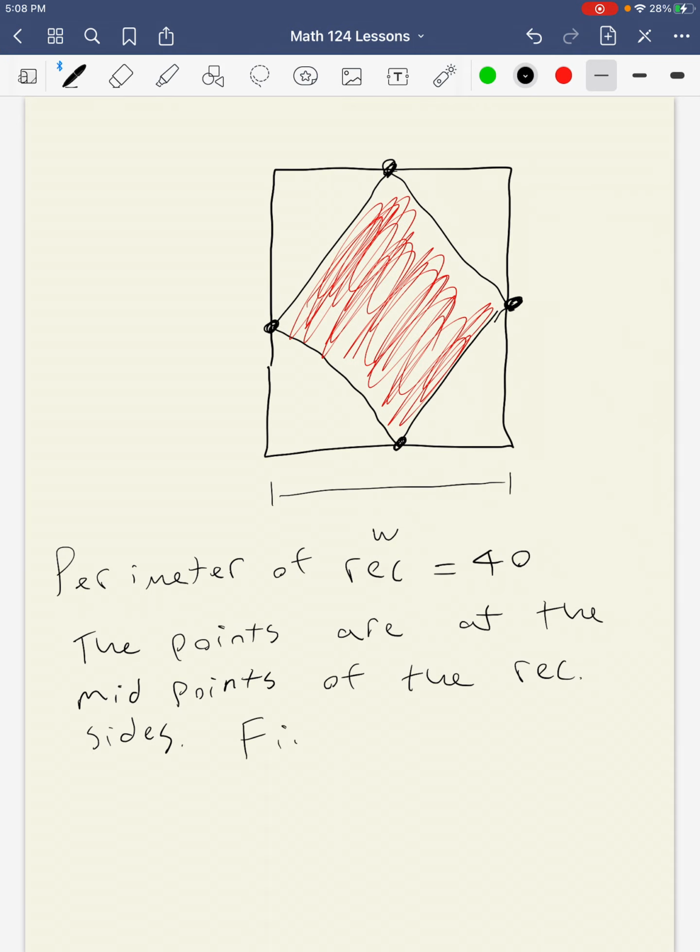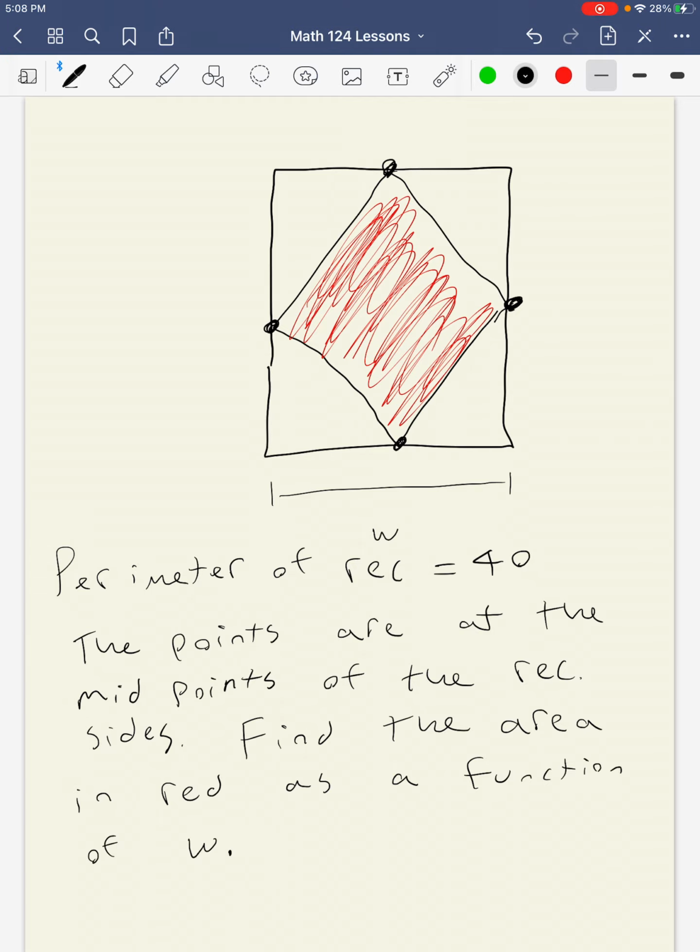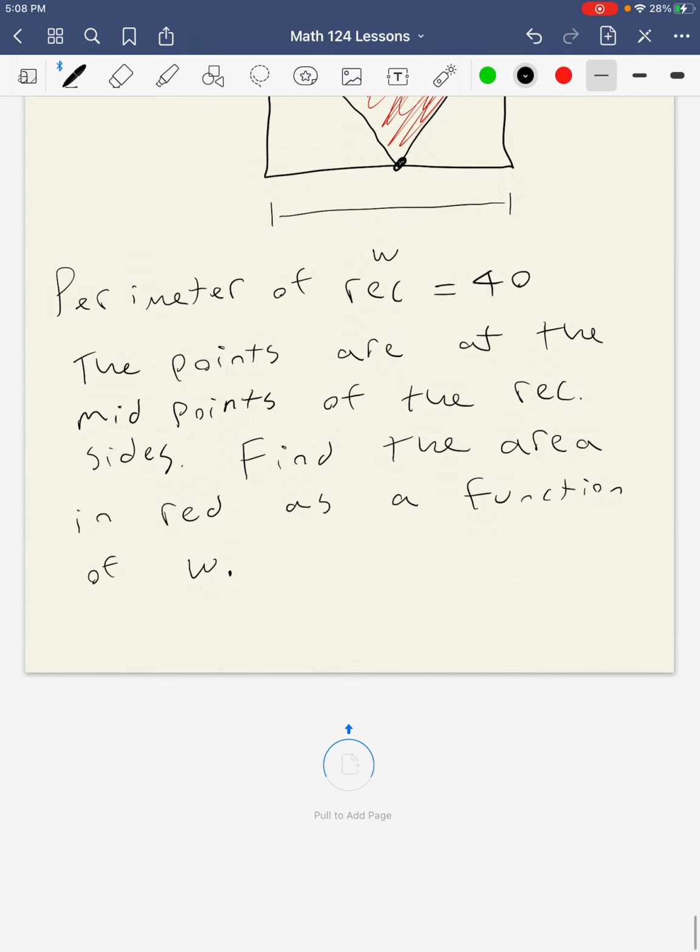Okay. Now let's find the area in red as a function of w. Okay, so we want to find a formula for the area, and the formula will have a w in it.